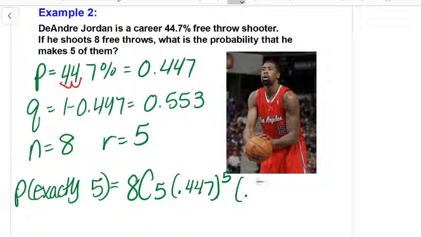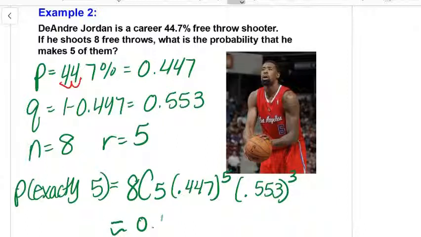If he has 5 that are successful, that means 3 of them would be failures. So 0.447 to the 5th and 0.553 to the 3rd. Approximating that in my calculator, I got 0.169, which is approximately 17%.